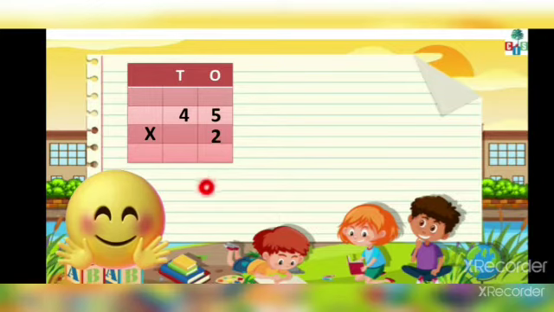Now, first we will start with the ones column, right? So 5 ones multiplied by 2. Just see here. 5 multiplied by 2. First we will do only ones, okay? So let's say the table of 2. 1 twos are 2, 2 twos are 4, 3 twos are 6, 4 twos are 8, 5 twos are 10, right?